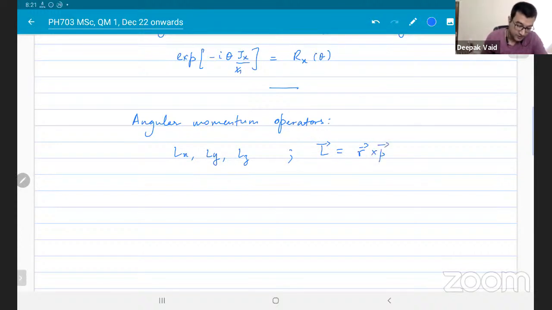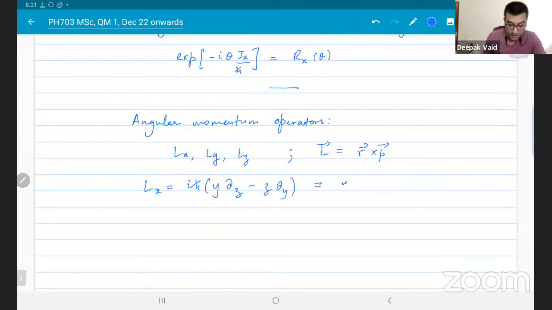So for instance, Lx is equal to i h bar, y times dou z, z times dou y, right?